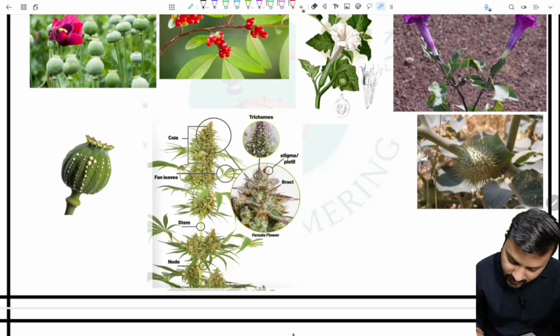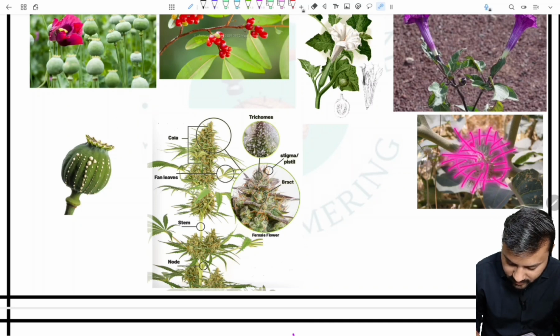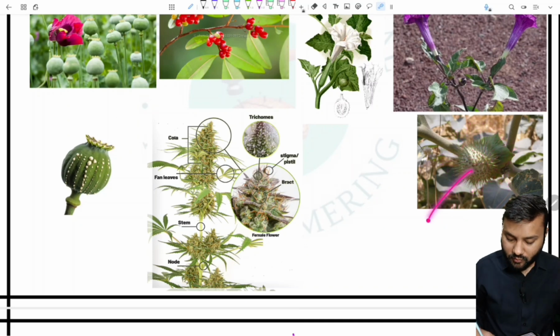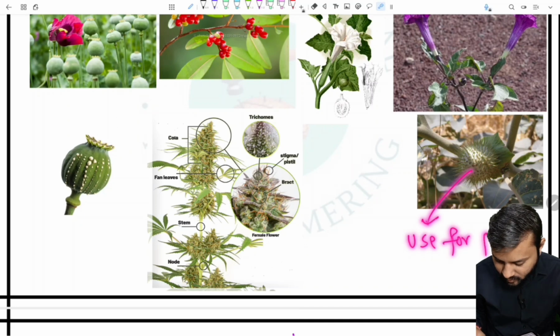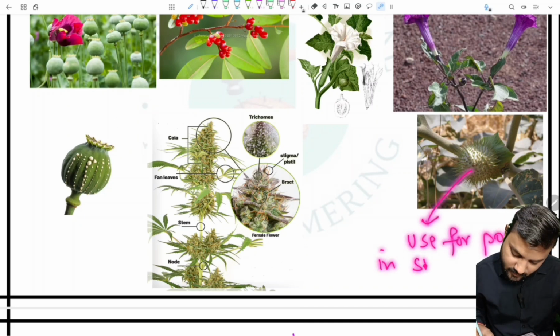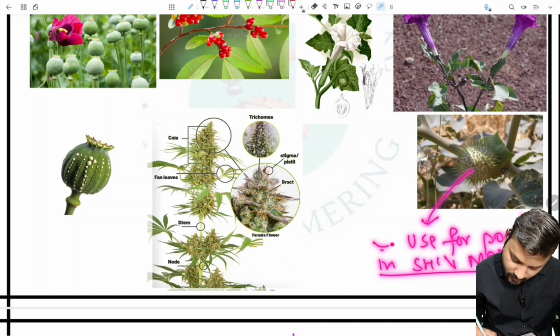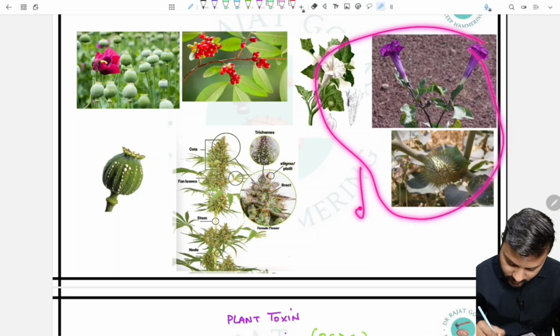In the thorn apple, we can see a fruit-like or round structure in which the many prickles are there. As we have seen, it is used for puja in Shiv Mandir. So these three images are of datura.